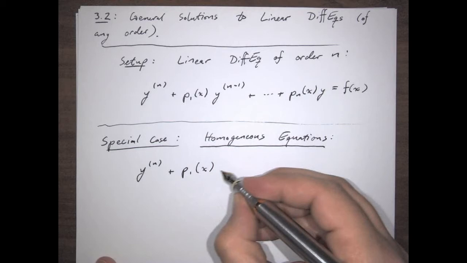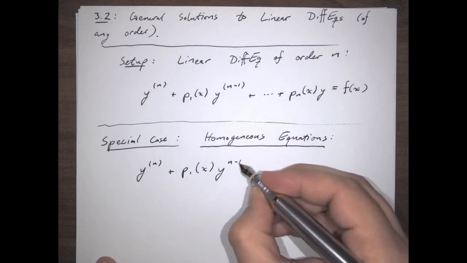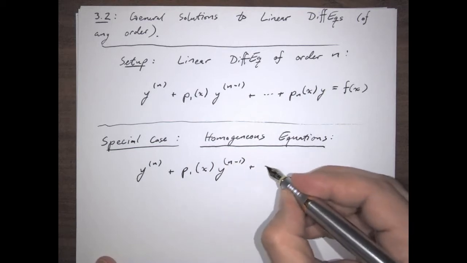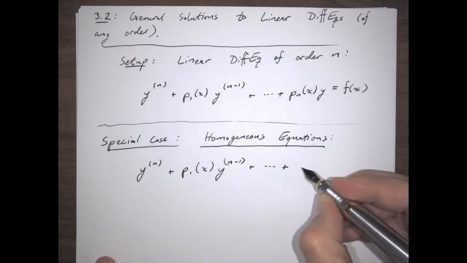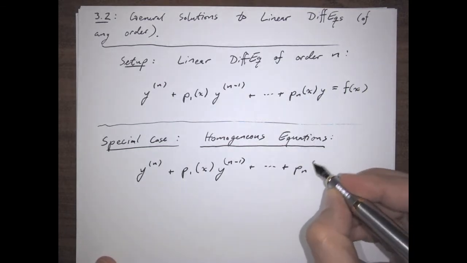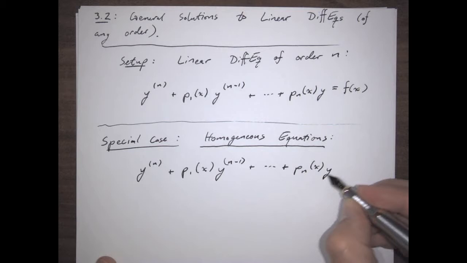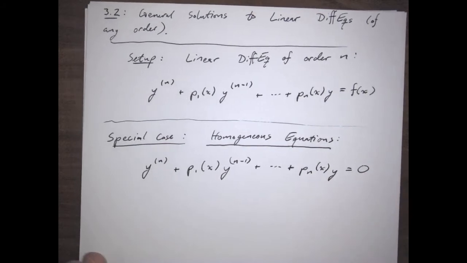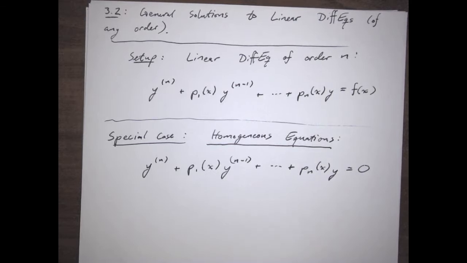However, the f of x is just going to be identically 0. Okay, so now in this special case, what we're going to look at is the nature of the solutions that they can have.